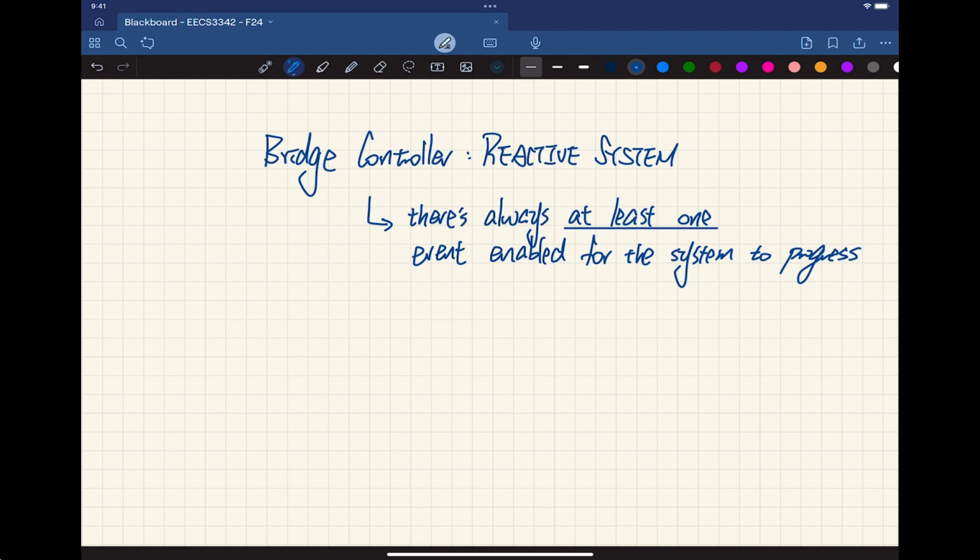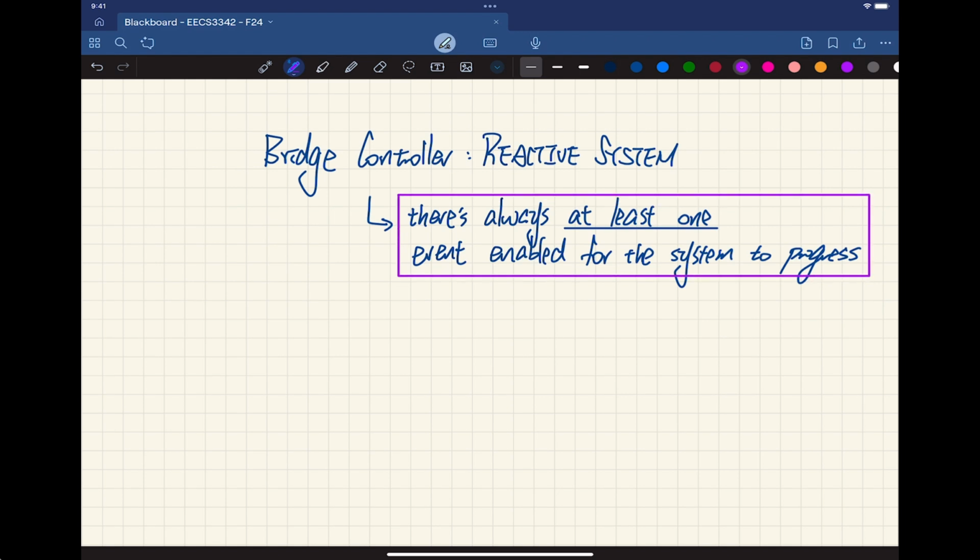Okay? So what would be unacceptable? Based on this, we can now define what is unacceptable for a reactive system. What's really unacceptable would be if we run into deadlock. The deadlock definition is simple.